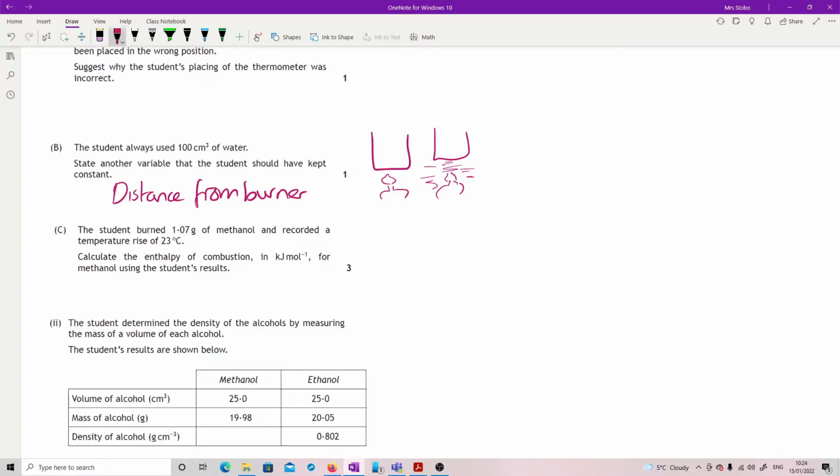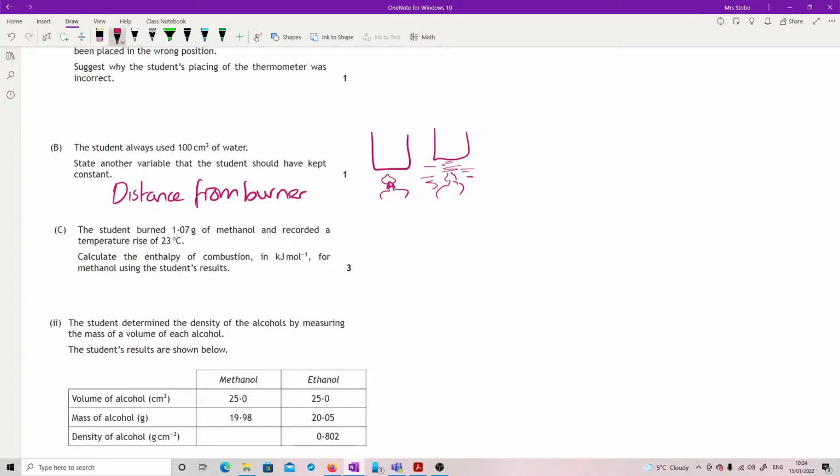But I went and looked at the mark scheme for this one, and what we had was also the wick in the burner. So the size of the wick here, because obviously that would draw greater volumes up if it was longer. And they did say the type of beaker would be acceptable, but only if you were more precise about that.